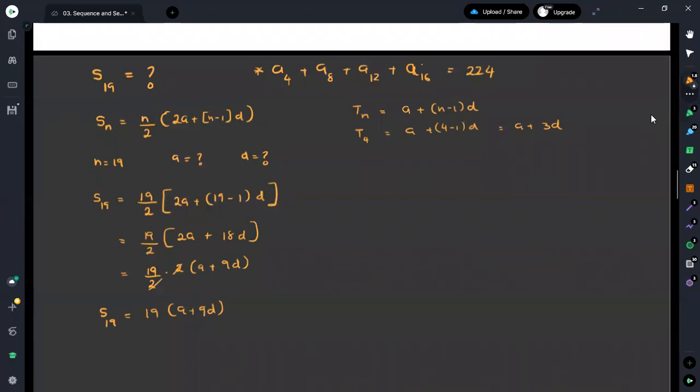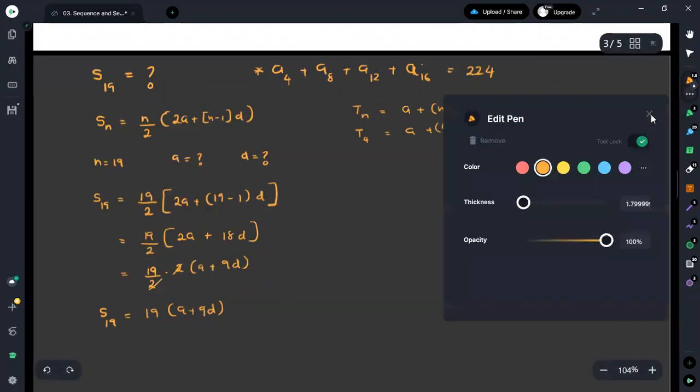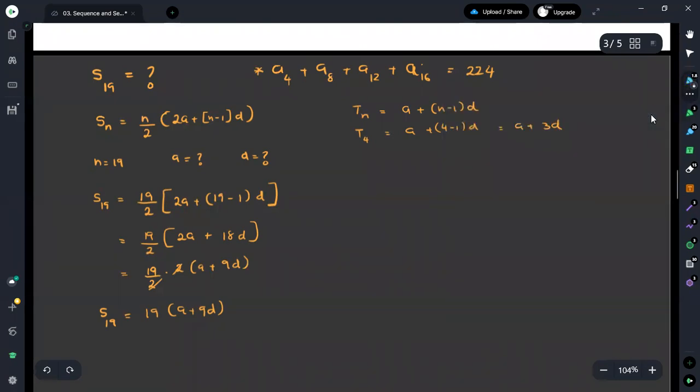Therefore, we can write down the term A4 in a way that A4 is equal to A plus 3 times D. This is what we have written for A4, because if it is Tn, then it equals A plus n minus 1 times D. N is equal to 4, then n minus 1 gives us 3D.